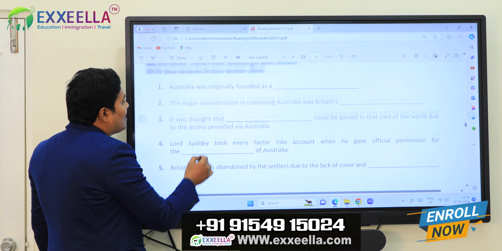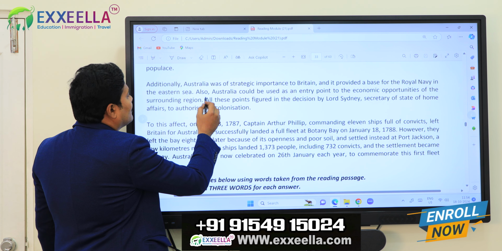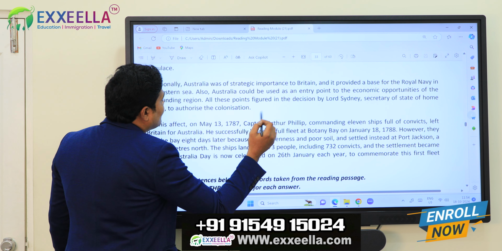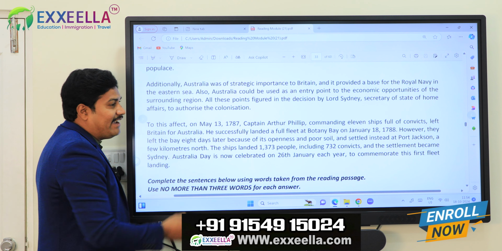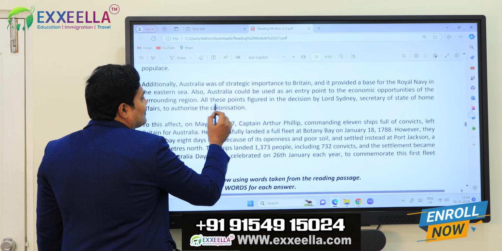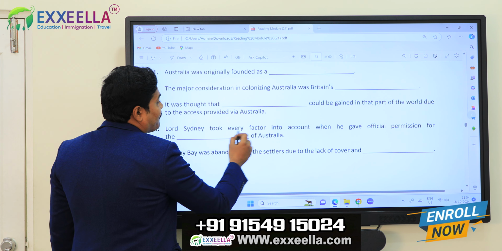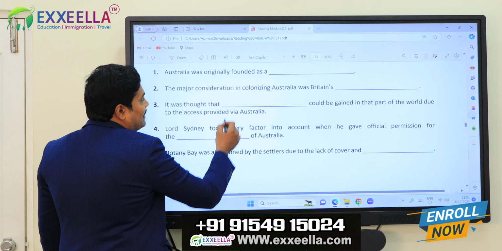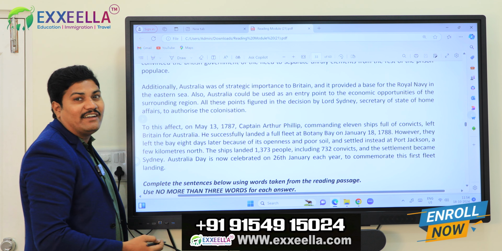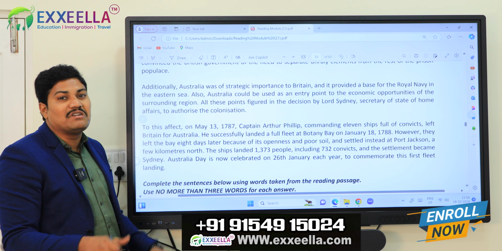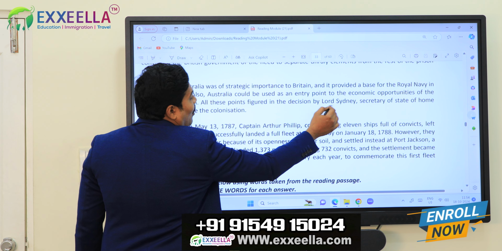Now let's come down. We got the answer in this sentence. Let's go to the next sentence onwards: all these points figured. These words match this particular sentence. Lord Sydney took every factor into account, so it closely resembles that sentence. All these points figured in the decision by Lord Sydney.